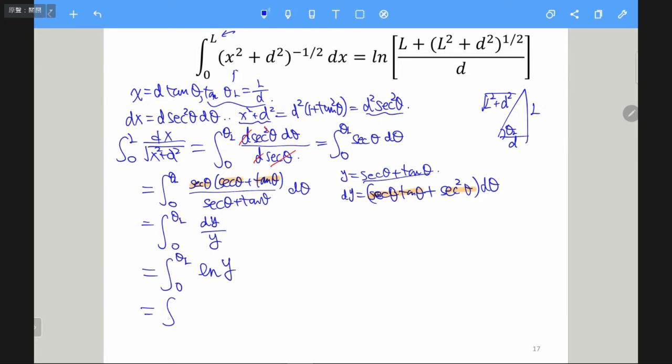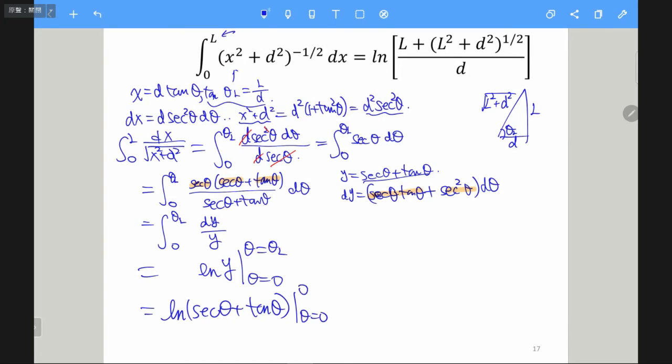So we have the integral from theta equals 0 to theta equals theta L, and we get the natural log of secant theta plus tangent theta, evaluated from 0 to theta L.